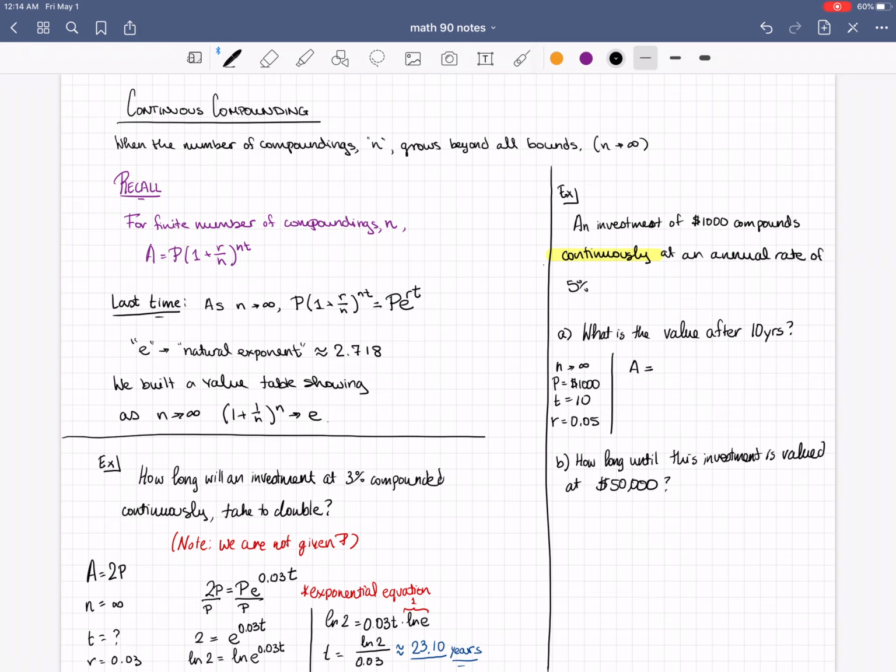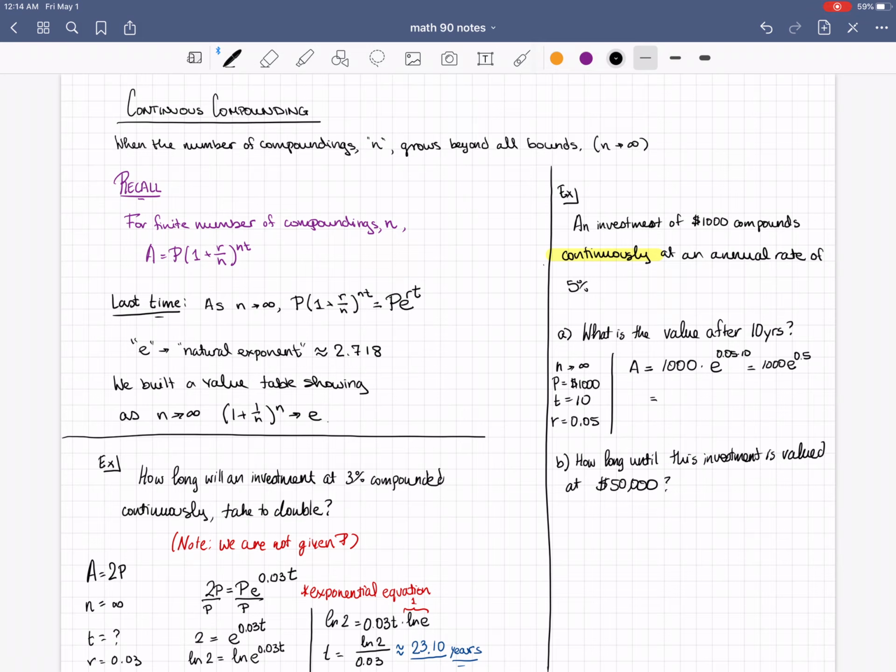So we want to know A, and it's P, which is 1,000, times e to the power RT. So here R is 0.05, T is 10. So it's nice and easy to multiply by 10, so let's just do it. It's 1,000 e to the power 0.5, right? 0.05 times 10 is 0.5. So let's go ahead and punch this in.